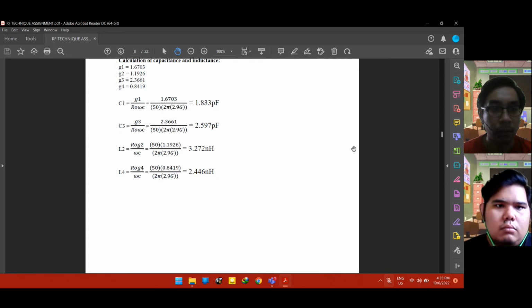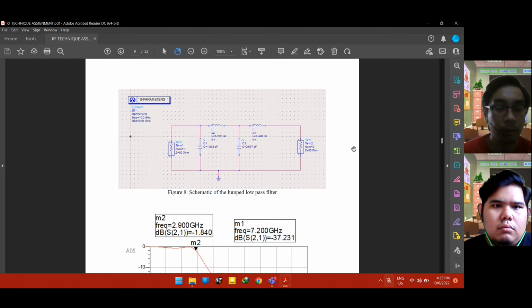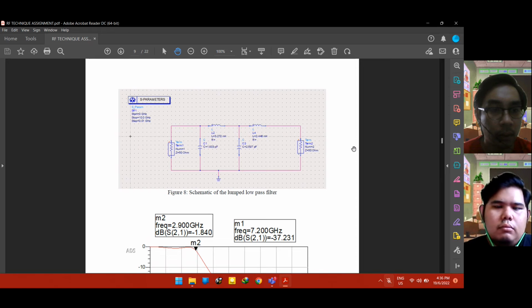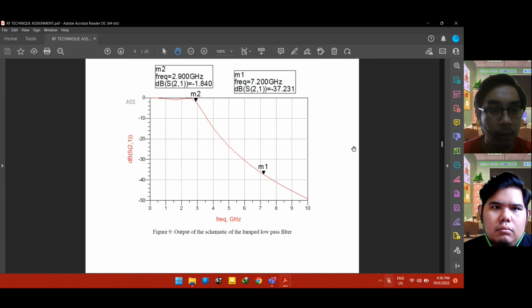Okay, let's go to the next one. So for the schematic that I have done, this is the schematic of the lumped low pass filter. Here the first one is a capacitor, followed by an inductor. This is the pi filter that I will use, and then I get the output for this schematic.